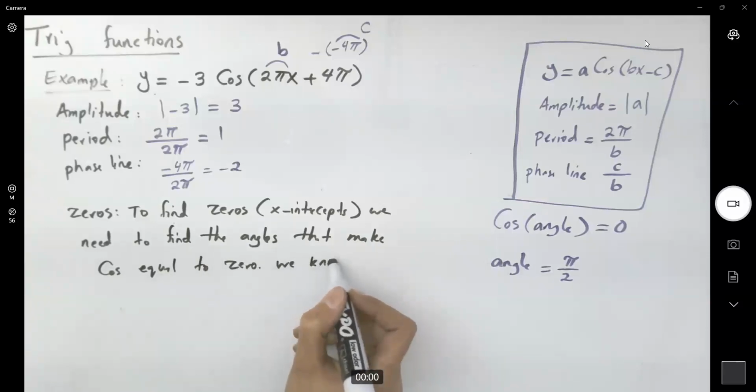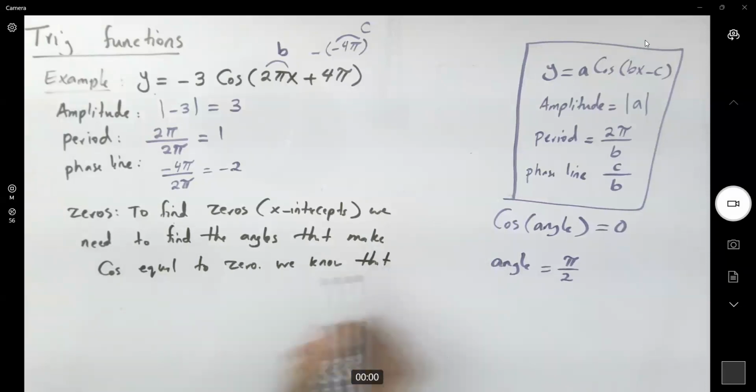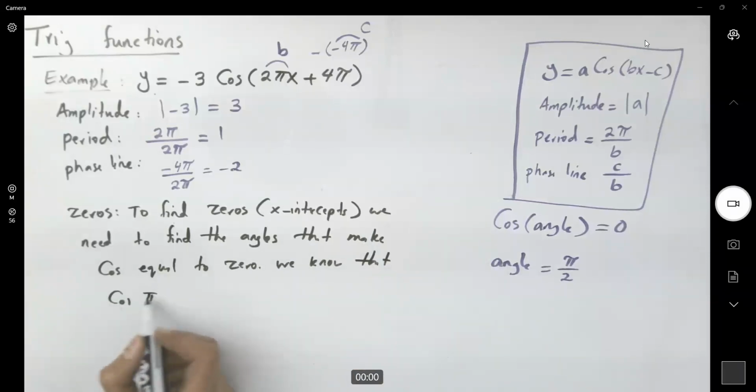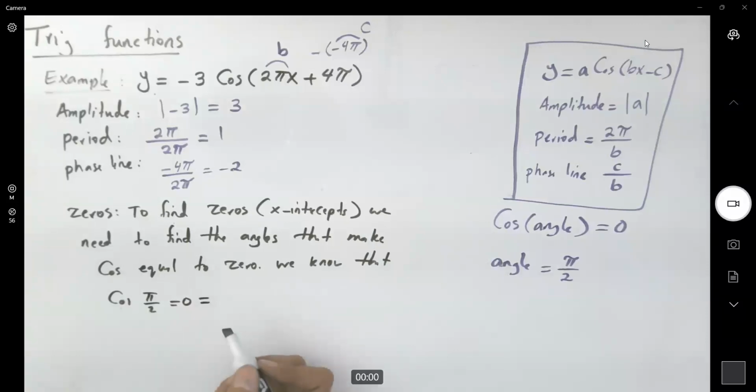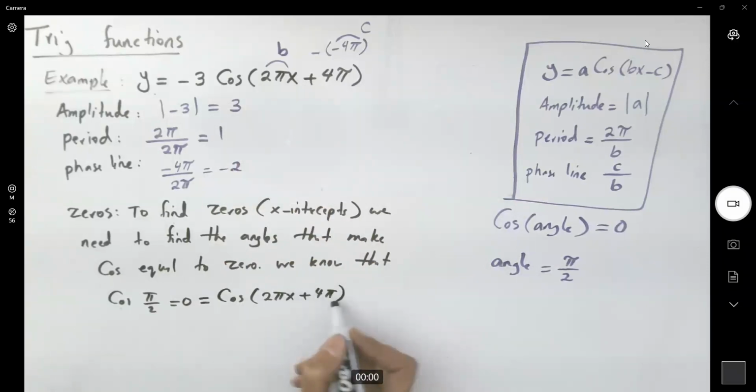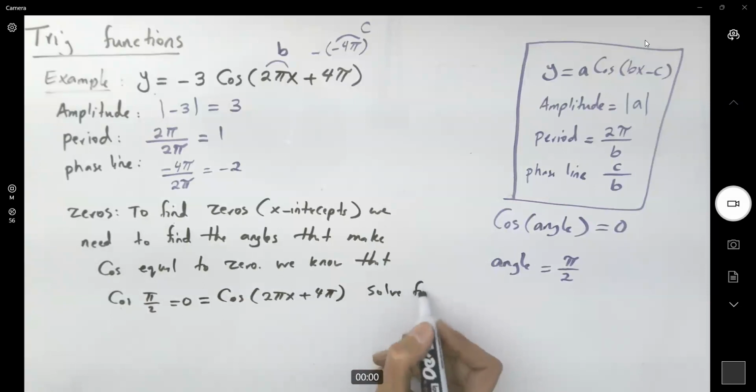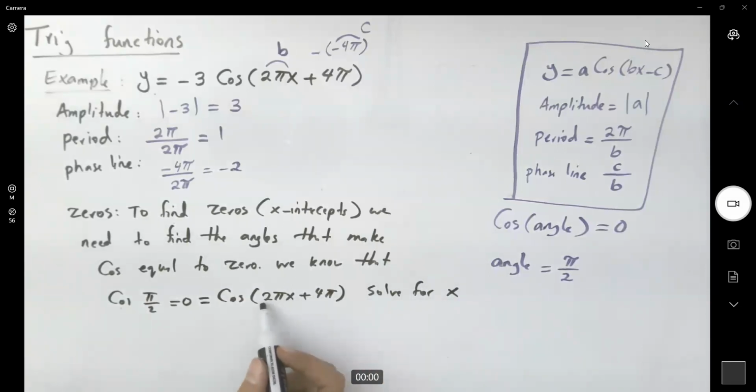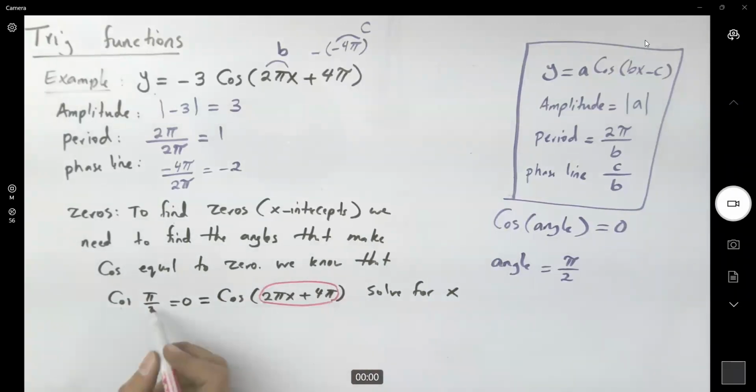We know that cosine of pi over 2 is equal to 0. So set this equal to the cosine of 2 pi x plus 4 pi and solve for x. So it means that this quantity here must be equal to pi over 2. This is your quantity, so it equals pi over 2.